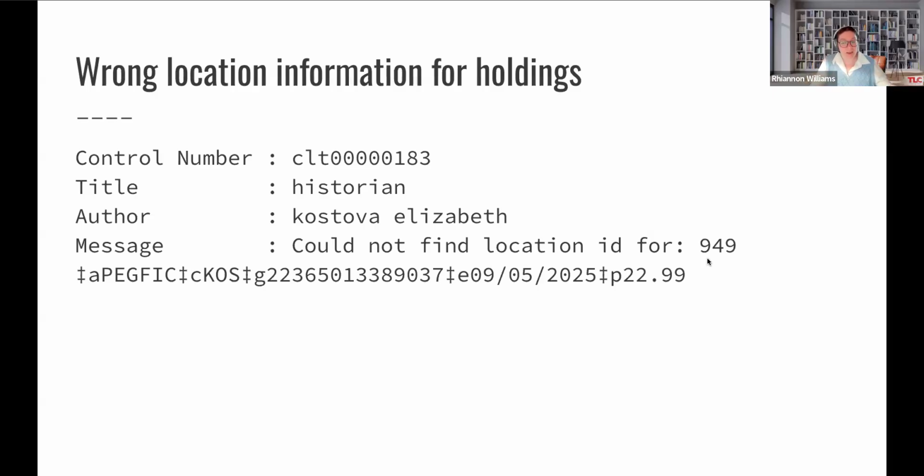So when they generate new records for you with new holdings on them, they will be able to be imported with no errors going forward. That is the best option, I think: to coordinate with your vendor that's sending you the record with the holdings information, so that you don't have to do manual correction of these every single time, because that may come up if you are getting a lot of records from a particular vendor.